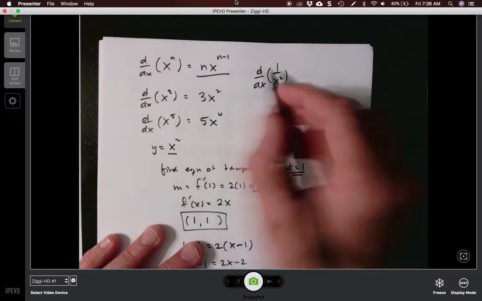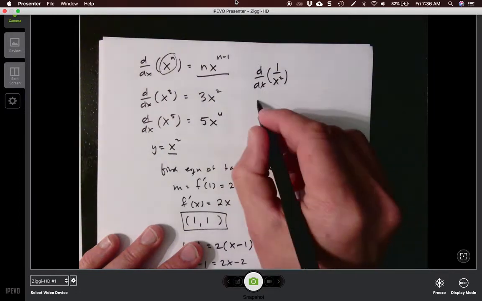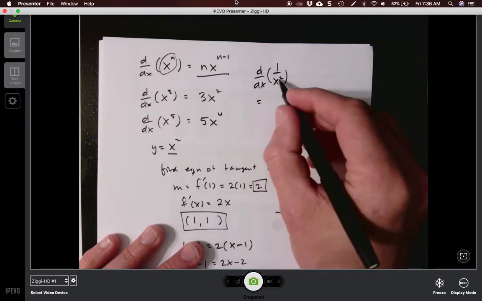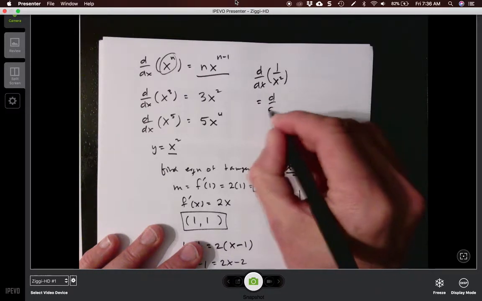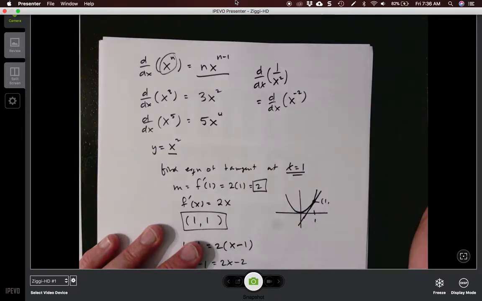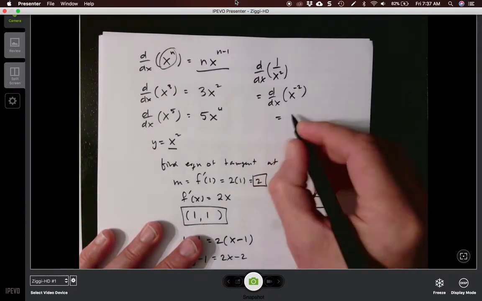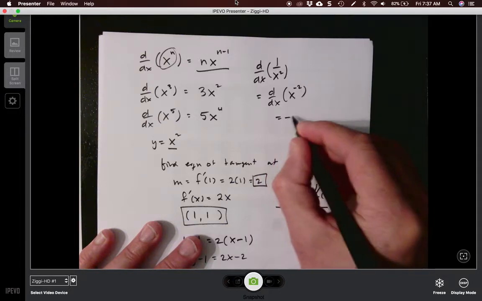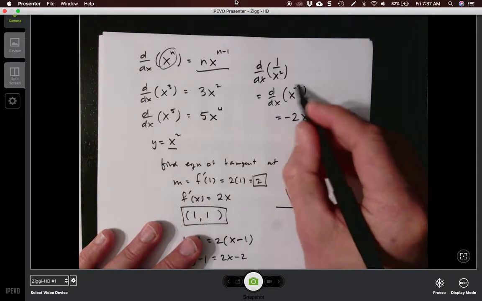What you want to do is make this look like x to a power. If you remember your rules, when you have an x squared in the bottom, this is the same thing as saying the derivative with respect to x of x to the negative 2 power. Then you can apply the power rule: bring the power down, so you get negative 2x, and then we need to decrease the power by 1.